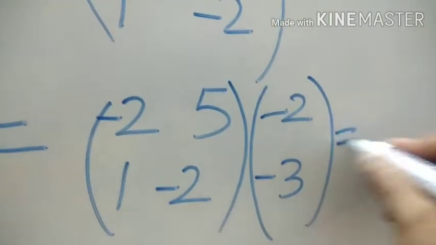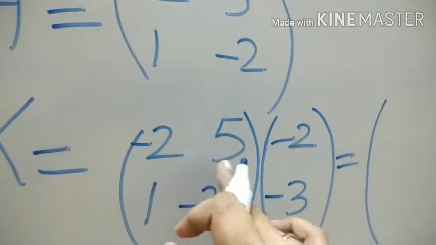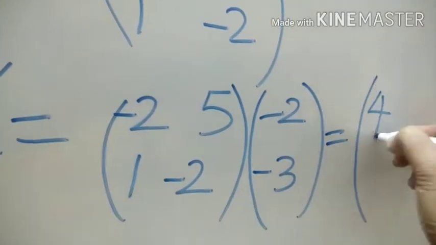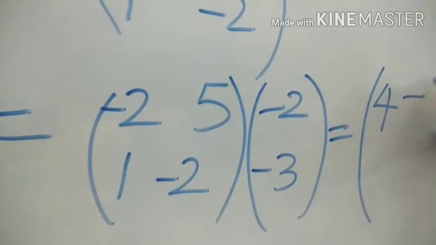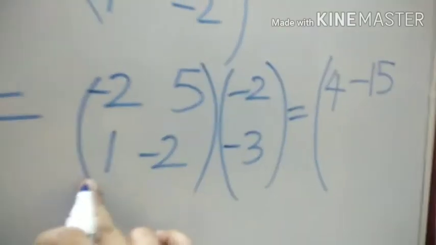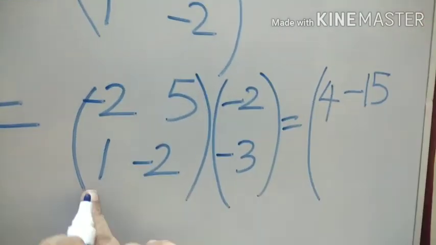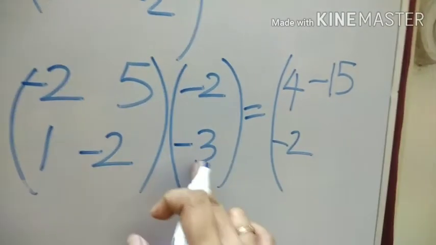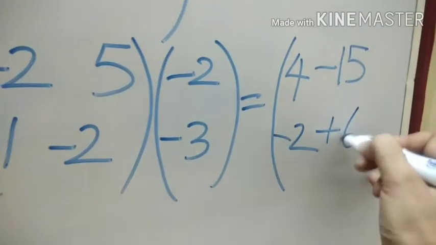How do we multiply? First row by first column. Minus 2 into minus 2, 4. 5 into minus 3, minus 15. Second row by first column. 1 into minus 2, minus 2. Minus 2 into minus 3, plus 6.